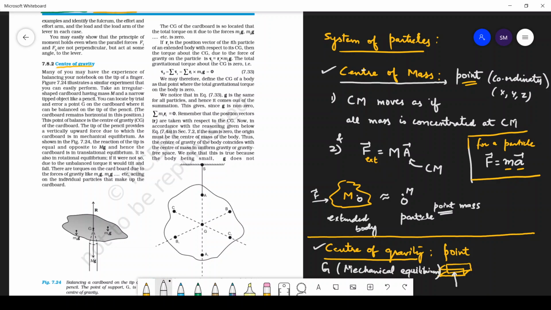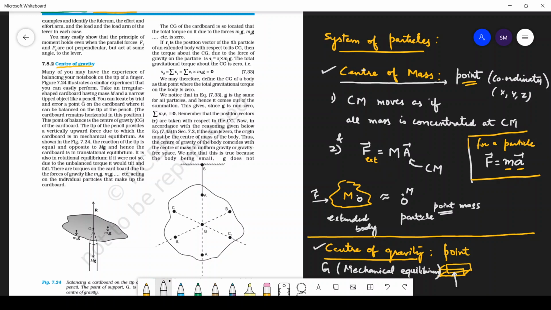Yes, it is related with gravity, so you need to hold that object. So you can find the center of gravity of any object. Just hold it on your finger, and if it is balanced, there is no movement, the object is stationary at that point, that point is the center of gravity. It's so simple.